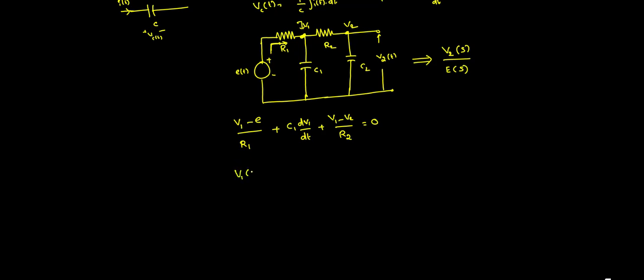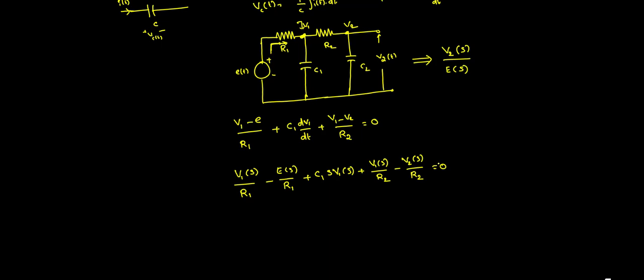So I'm writing V1 of s by R1 minus E of s by R1, plus C1 s into V1 of s, plus V1 of s divided by R2 minus V2 of s divided by R2 is equal to 0.